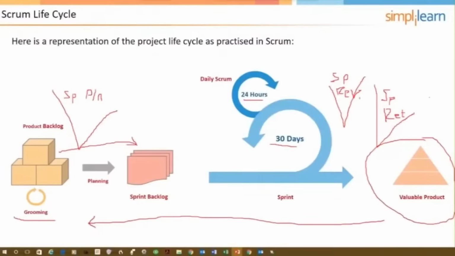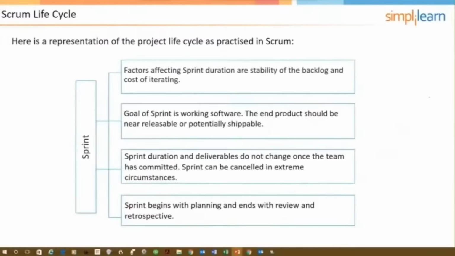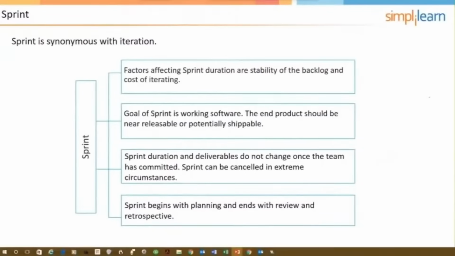Okay, great. Thanks. Okay, so a little bit more detailed view of the Scrum project lifecycle. Now let's talk about a couple other things here. When it comes to a sprint, there are some things that affect the duration of the sprint.